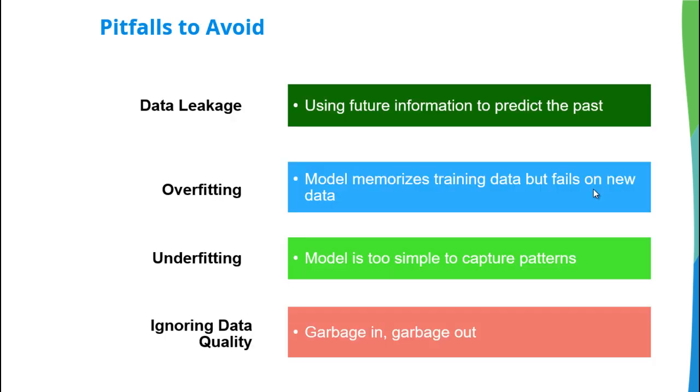We see some pitfalls sometimes when we work with Python in machine learning, and one of them is data leakage, which we need to avoid. Using future information to predict the past is dangerous; we use past information to predict the future, not the other way around. Overfitting is when the model memorizes training data but fails on new data, which is bad.